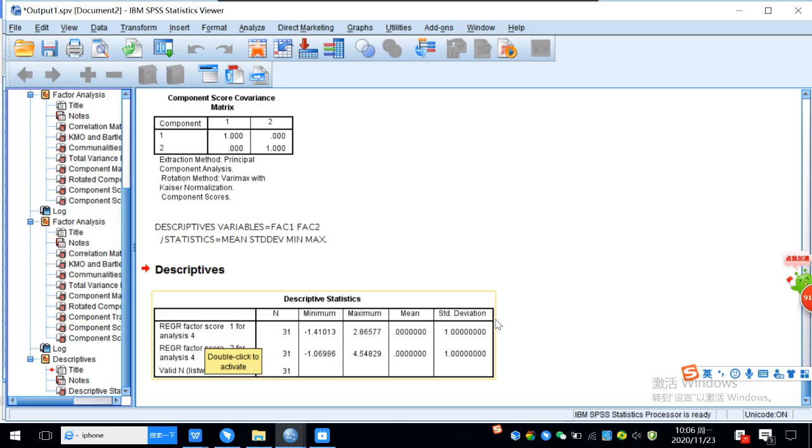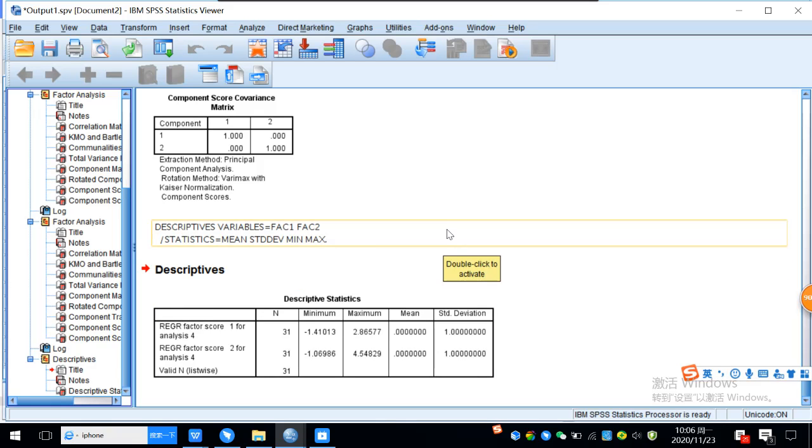The standard deviation is 1. So that means the mean of this F1 is 0. 0 is the average level. Okay, and if the score of F1 is more than 0, it means it's higher than the average level.